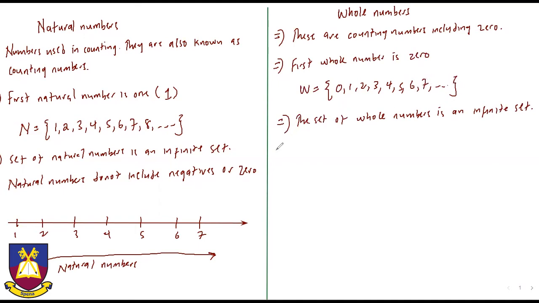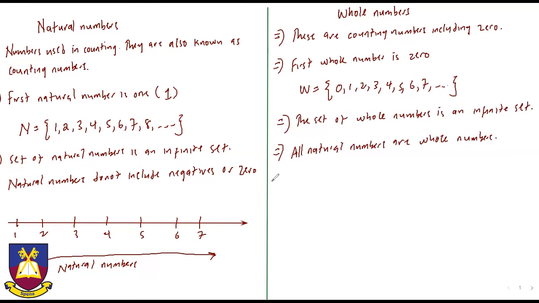And also what we can see from this set is that all natural numbers are whole numbers. Because we could see from 1, 2, 3, these are all natural numbers. So the set of whole numbers contains all the natural numbers.